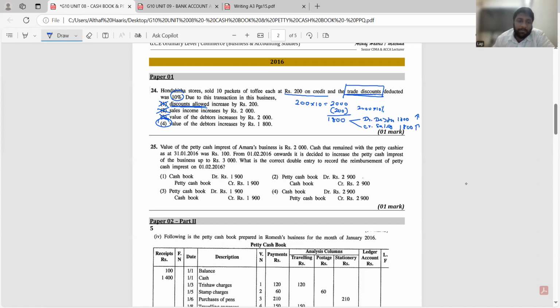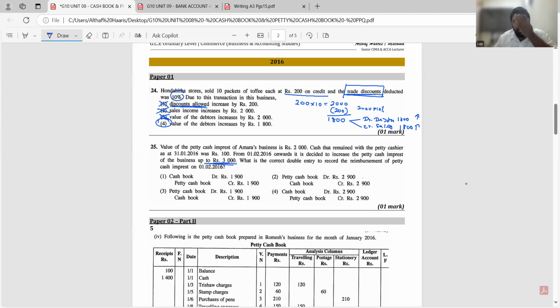Next up. The value of the petty cash imprest of Amara's business is 2000. Cash that remained with the petty cashier as at 31st January 2016 was 100. From 1st February 2016 onwards, it is decided to increase the petty cash imprest of the business up to 3000.